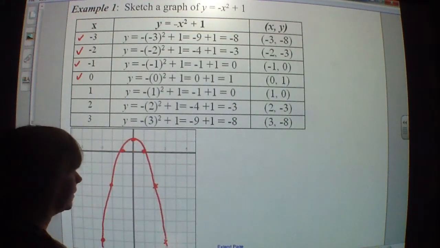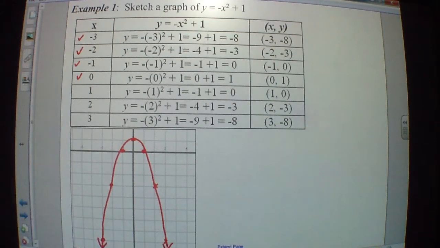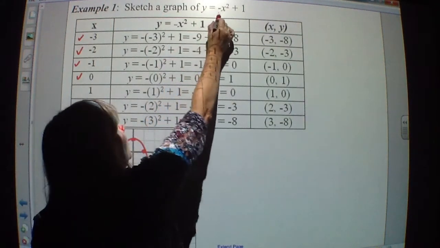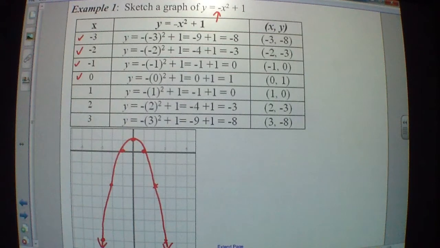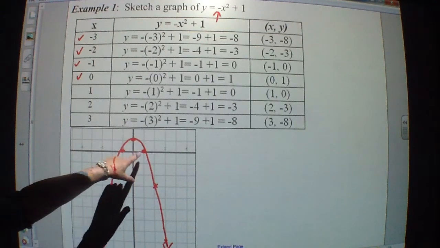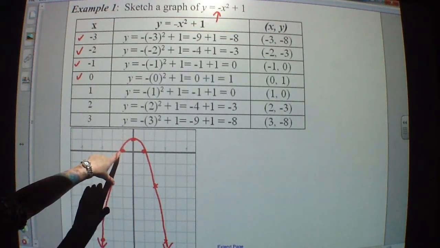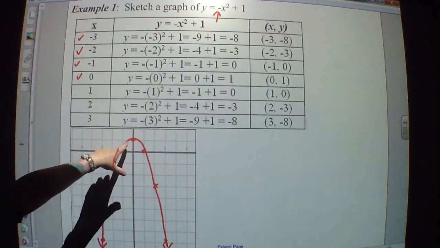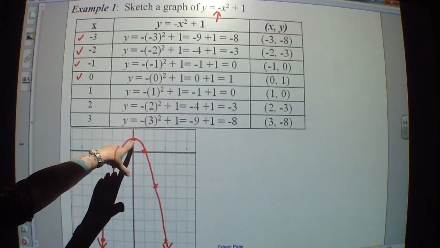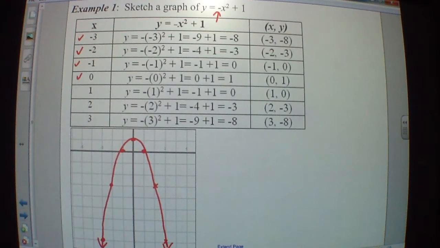It's a parabola that opens down, and you better know it opens down because of that negative, with an x-intercept of (1, 0) and (negative 1, 0), so there's two x-intercepts, a y-intercept of (0, 1). And there's the graph. And the right way to do it are arrows because it goes down forever.